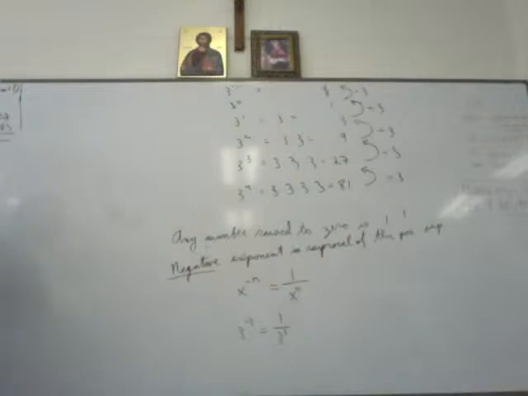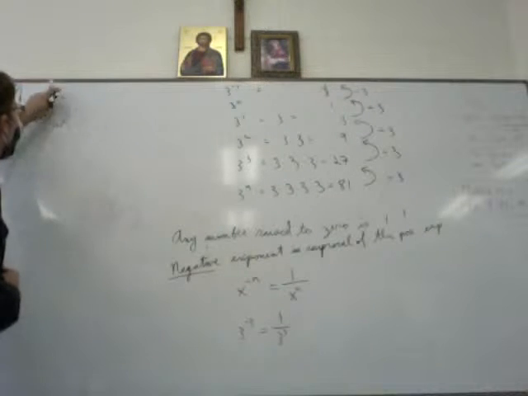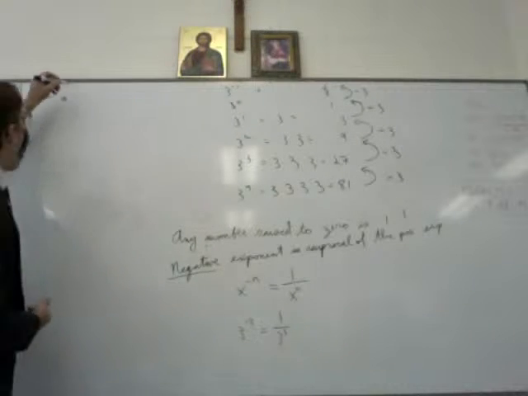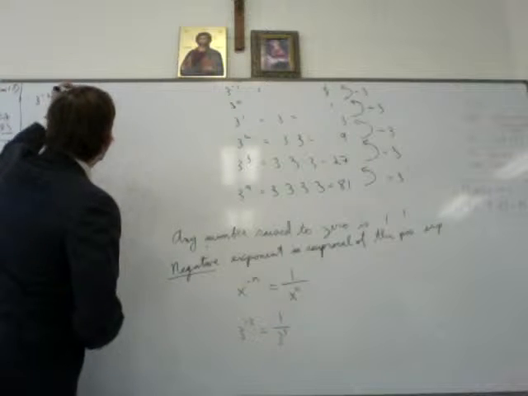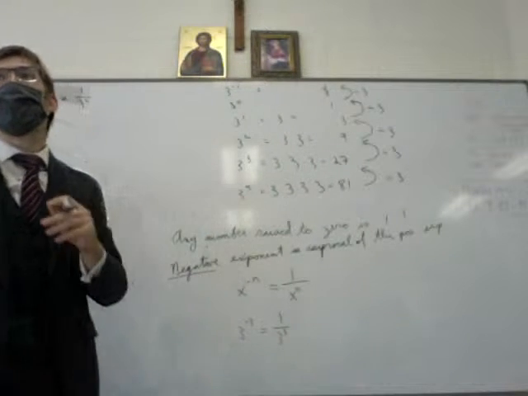So let's say we've got, this is example 29.1, 3 to the negative 2. What's a simpler way to write that? Instead of 3 to the negative 2, I'd really rather have a positive exponent. How can I take this exponent and make it positive? We take it as 1/3 squared, because remember, a negative exponent means the reciprocal of the positive exponent.